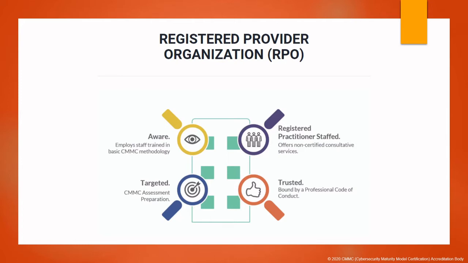So by reaching out to an RPO, you can expect to receive outstanding assessment preparation services from individuals that have formal training from the CMMC AB or CMMC accreditation body. And because of this training, these RPOs and RPs know what the assessors and the CMMC AB are looking for, and they can help you become compliant and obtain your CMMC certification.